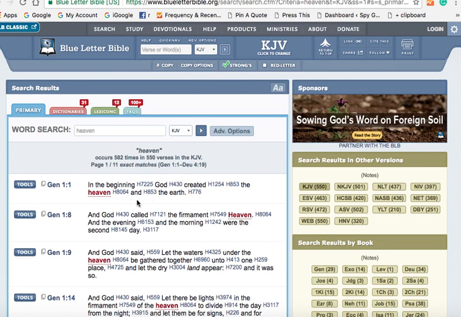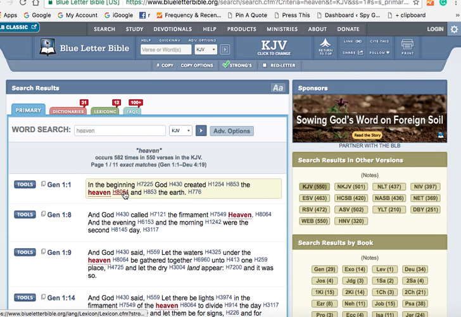The Hebrew words are represented by an H. The Greek words are represented by a G. In this particular situation, it's located in Genesis 1, and it gives an idea of what it says in that sentence. It says, "In the beginning, God created the heaven and the earth." That's the first time that heaven is used.